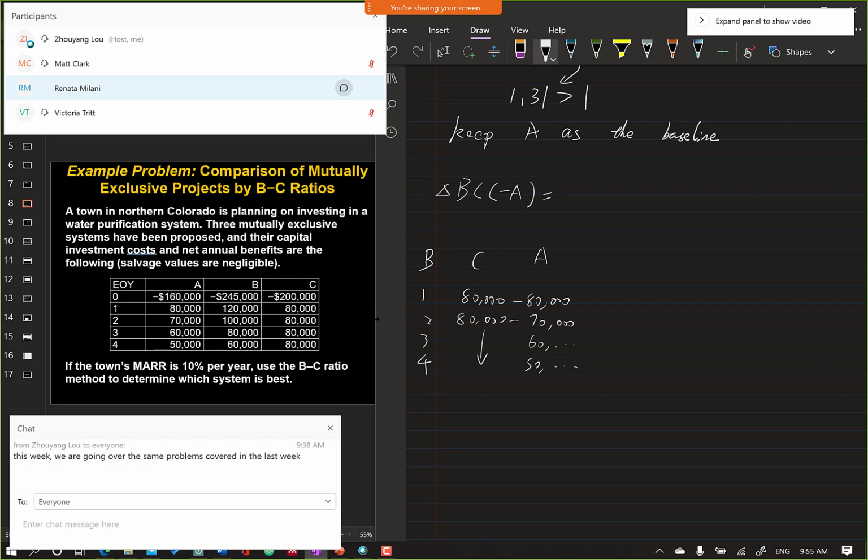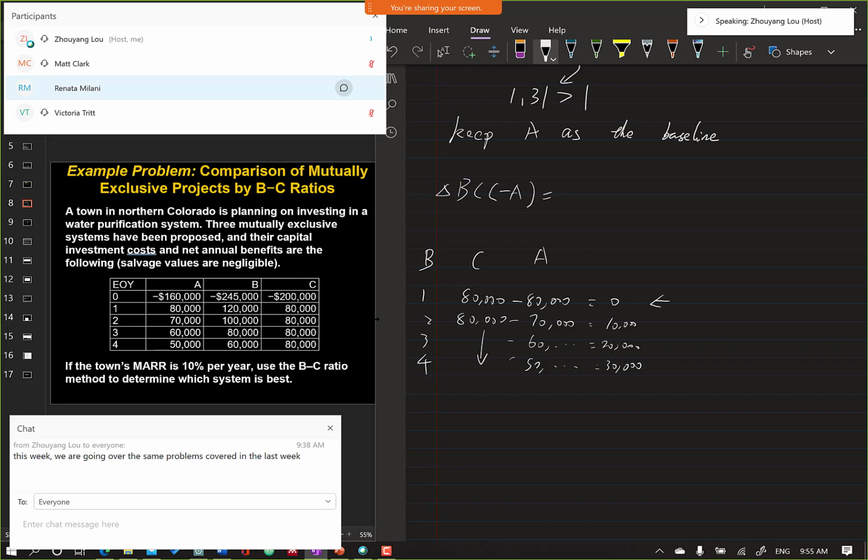So we take the difference, C subtract A, and then we get 0, 10,000, 20,000, and 30,000, right? So that's obviously the uniform gradient starting with year 1 at 0, and all the years down are incremented by 10,000.